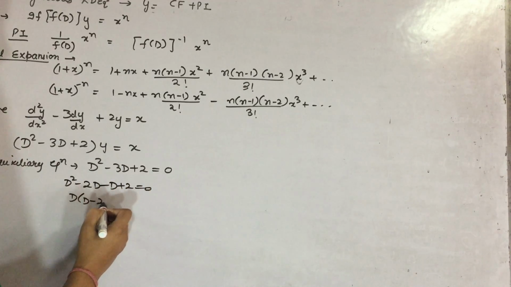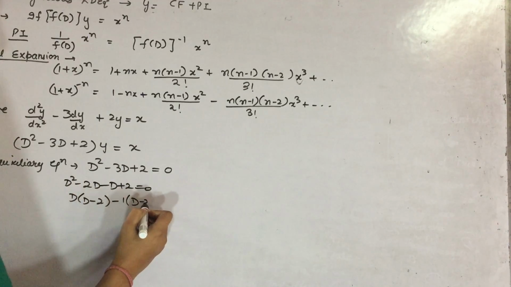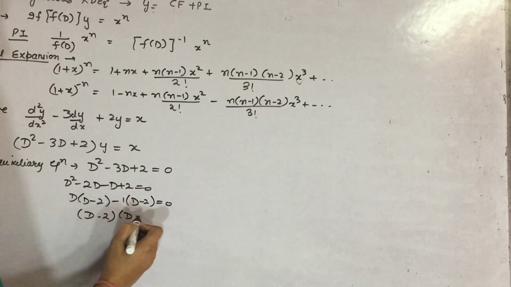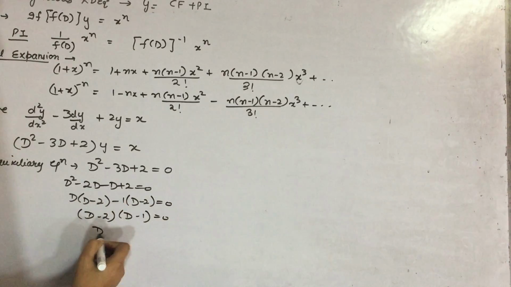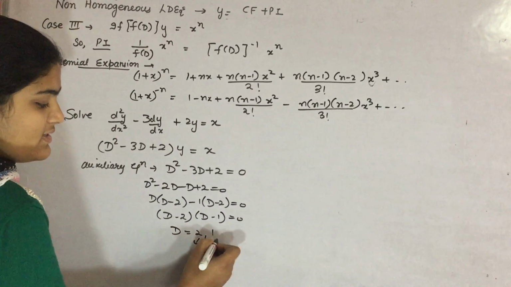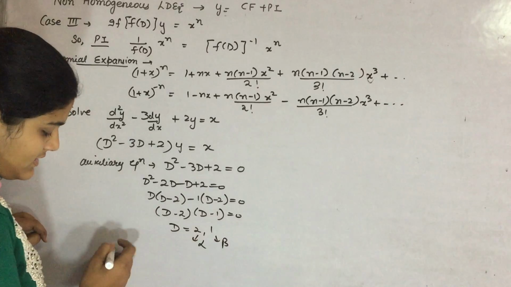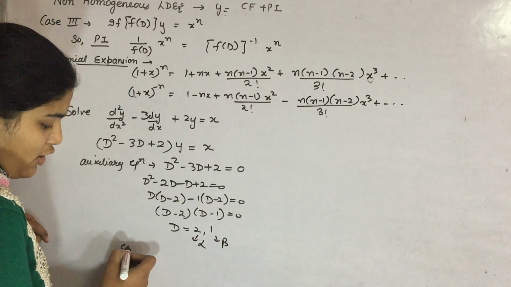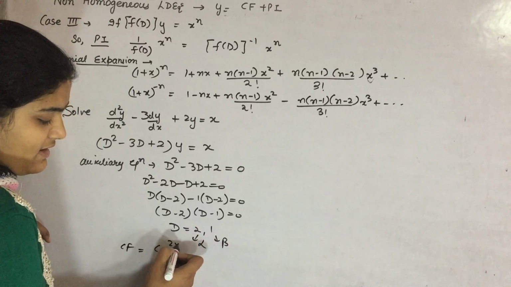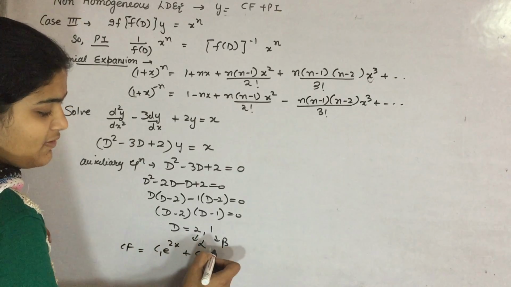Taking common factors, D is 2 and 1. So this is your alpha, this is your beta, two real distinct roots. So your complementary function will become c1 e raised to power alpha x plus c2 e raised to power beta x.